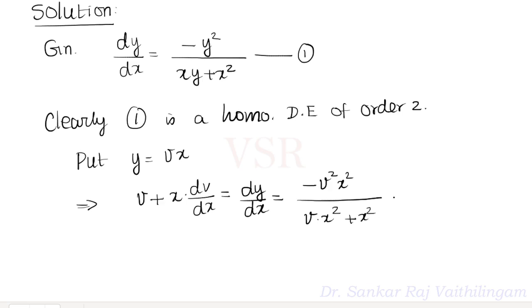So this becomes minus v square divided by v plus 1, and the x square cancels out. Okay.